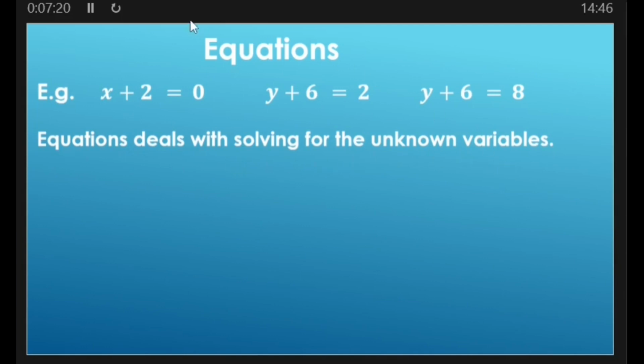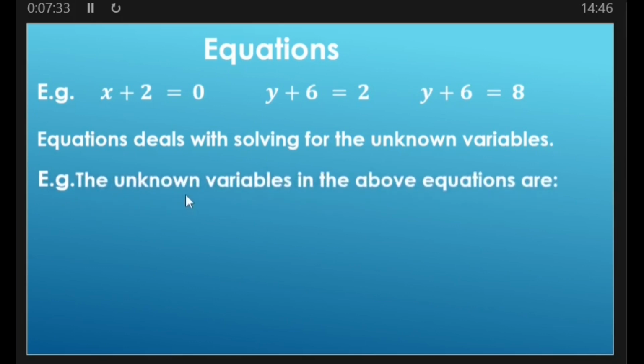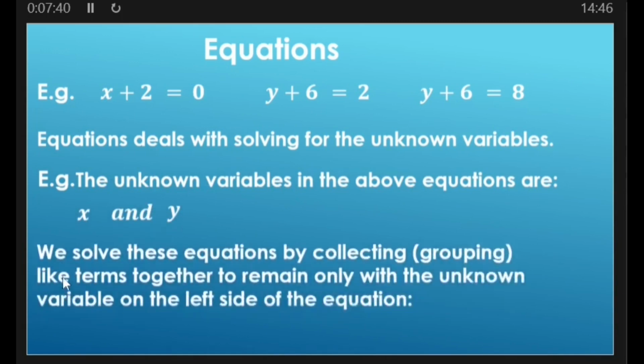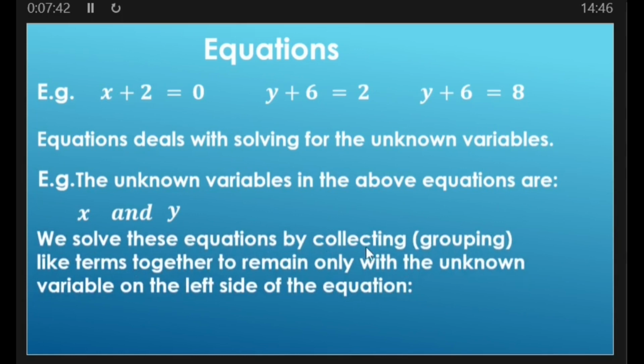So whenever you have equations like this, it means that in that particular topic, you'll be dealing with solving for unknown variables like these. E.g., the unknown variables in the above equations are x and y. All right, so we solve these equations by collecting or grouping like terms together to remain only with the unknown variable on the left side of the equation.